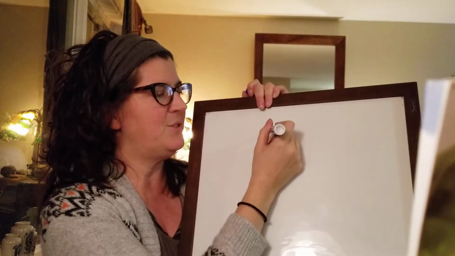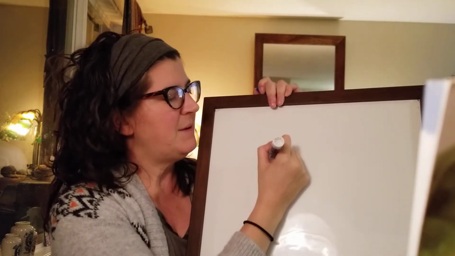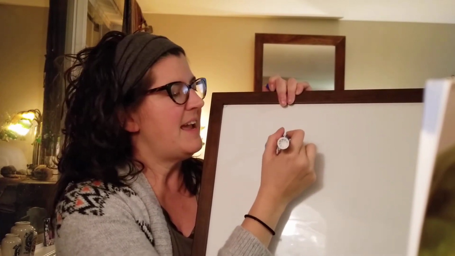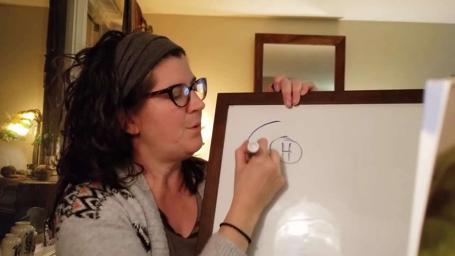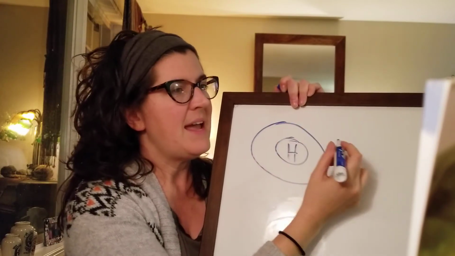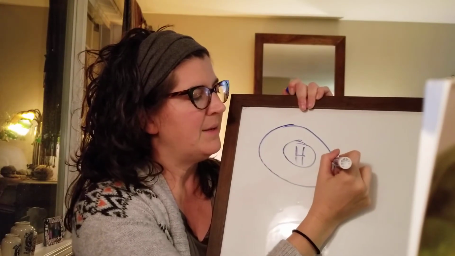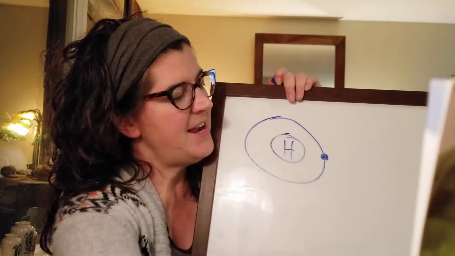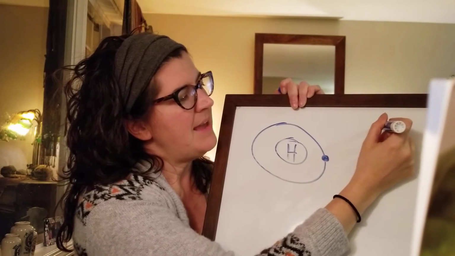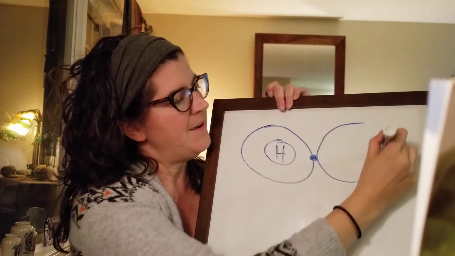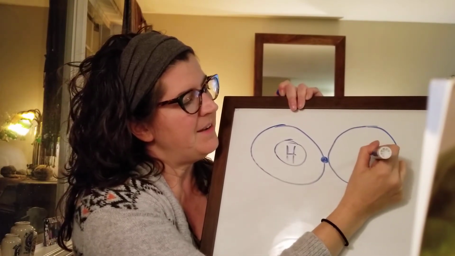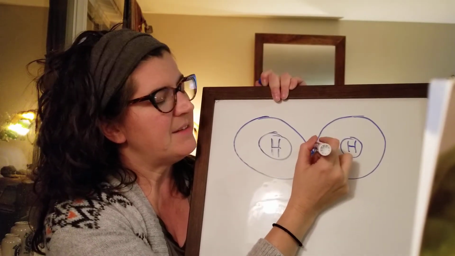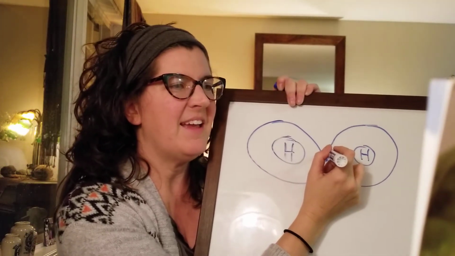I'm just going to keep this super, super simple. So say we have hydrogen, and this is its nucleus, and here's its orbital, and it's only got one electron, and then here's another hydrogen atom.